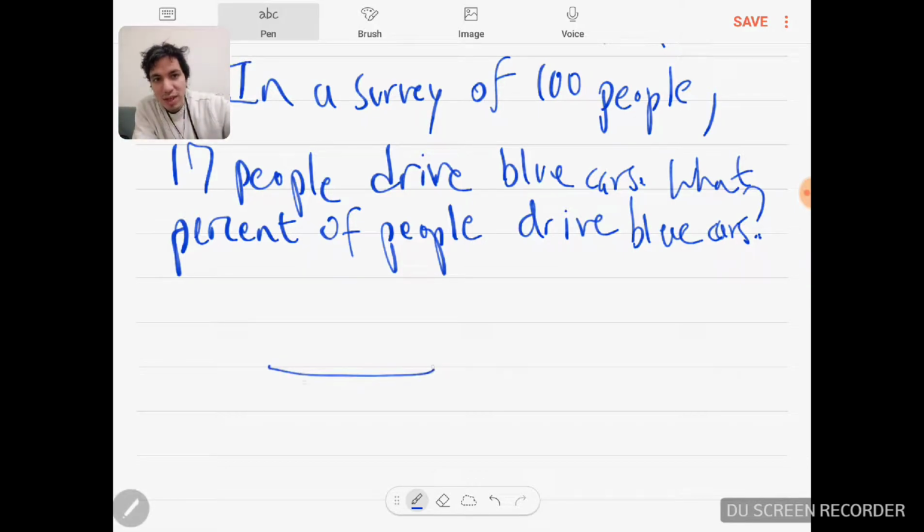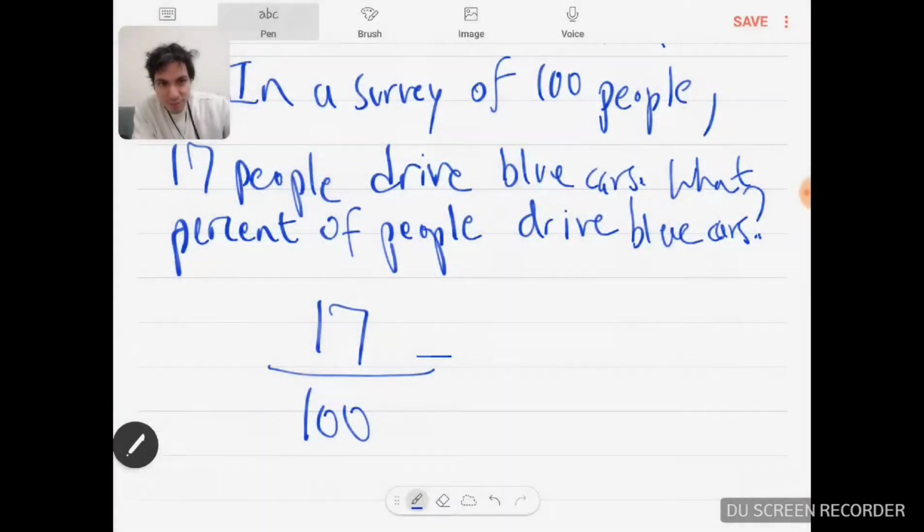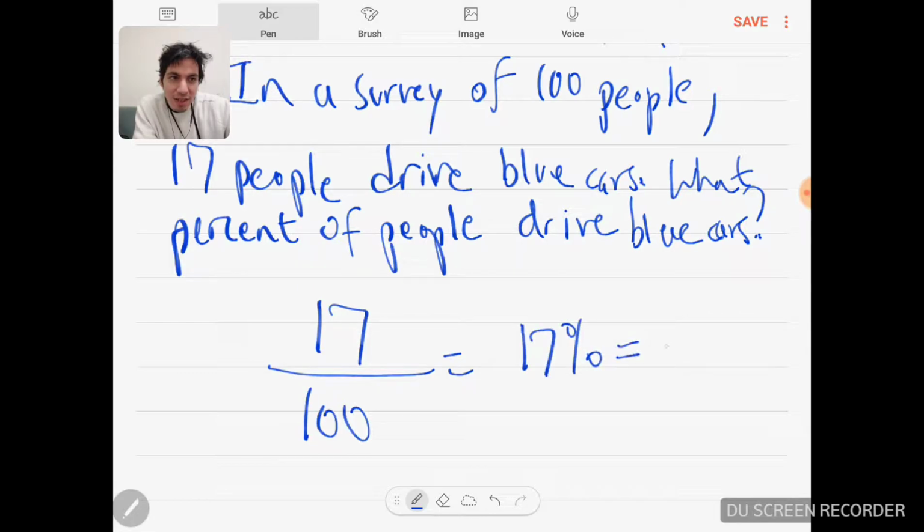So that would be at the bottom. And 17 of them drive blue cars. So to write this fraction as a percent, 17 over 100 is basically 17%. And you don't have to write the decimal. The question just asks for percent.